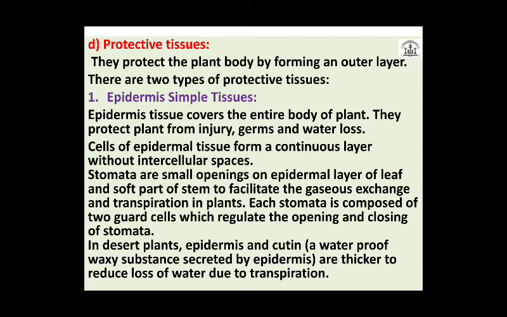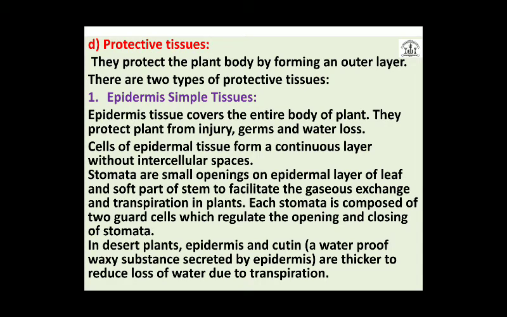Now coming back to the stomata. So what is this stomata? You will be studying in the upcoming classes. So stomata are small openings in the epidermic layer of leaf and soft part of stem, which allow the air or gaseous things to come in and out.